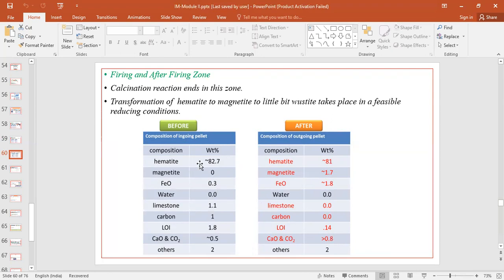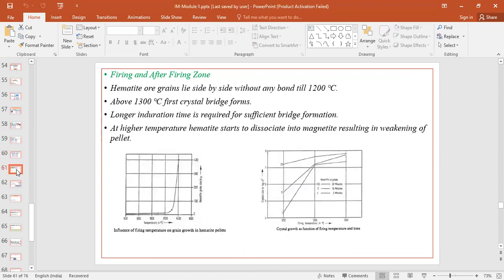And as I told you, there is a slight change in the phases. It may change from hematite to magnetite, or maybe a little bit of wustite also. So that's why you can also see that initially there is no magnetite, but there is a slight formation of magnetite observed in the firing and after-firing zone.